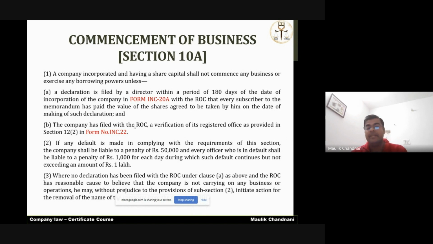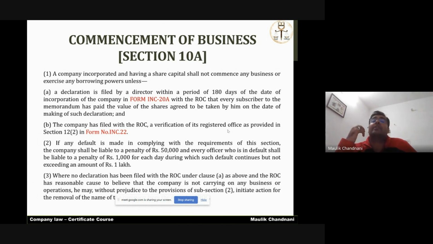And the company has also filed a declaration, the verification documents of the registered office. See, every company needs to update at the time of incorporation, if not the entire address, then at least in which state you will be having a registered office.